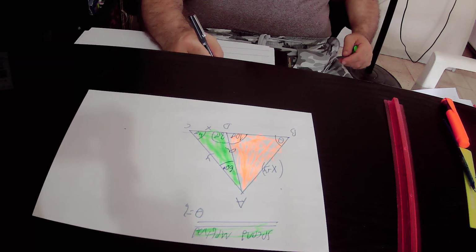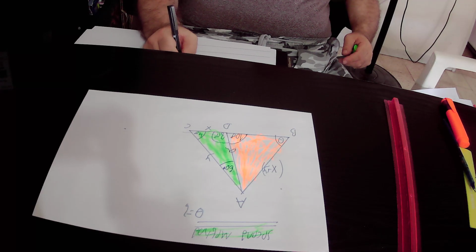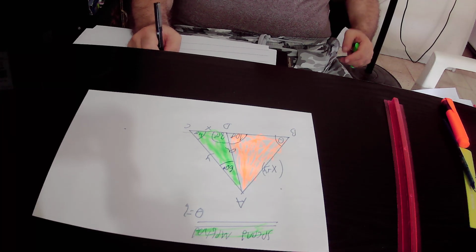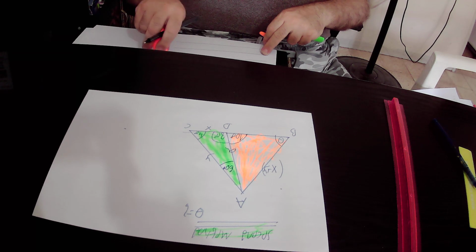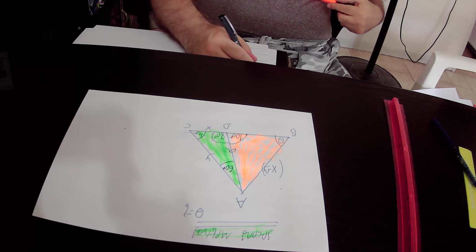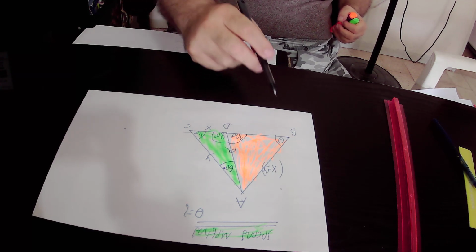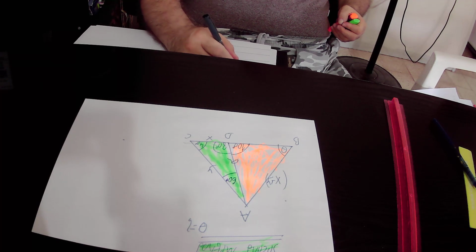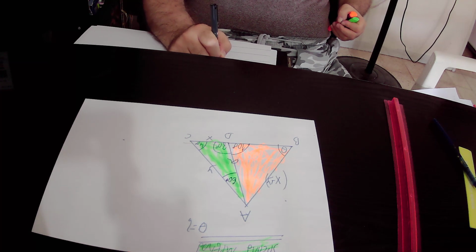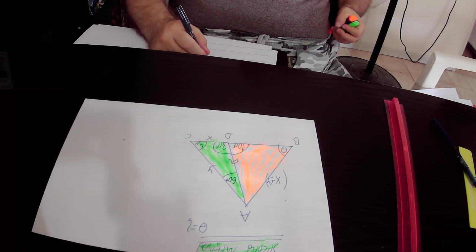So in the orange triangle ABD, according to the law of sines, we get that AD over sine theta equals AB over sine 100 degrees.